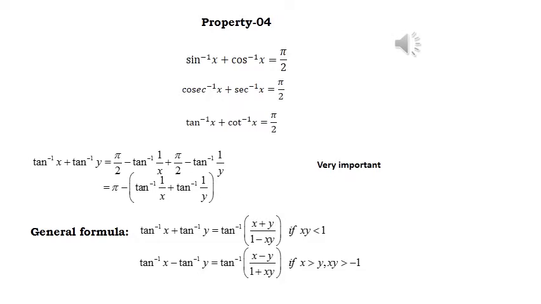For the difference of two, tan inverse x minus tan inverse y, straight away we can apply the property tan inverse of the numerator x minus y, the denominator 1 plus xy. The first one, tan inverse x plus tan inverse y, means the numerator x plus y, the denominator 1 minus xy. These two properties are formulas derived based on the tan of a plus b formula as well as the tan of a minus b formula.